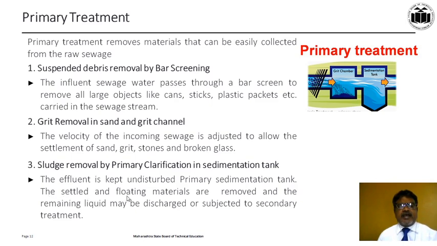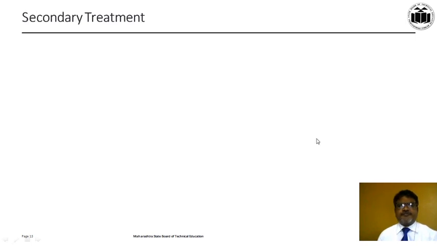The settled and floating matters are removed and the remaining liquid may be discharged to the secondary treatment. So whatever heavier particles are there, they are settled in the grit chamber as well as in the sedimentation tank, and then the effluent is moved to the secondary treatment.